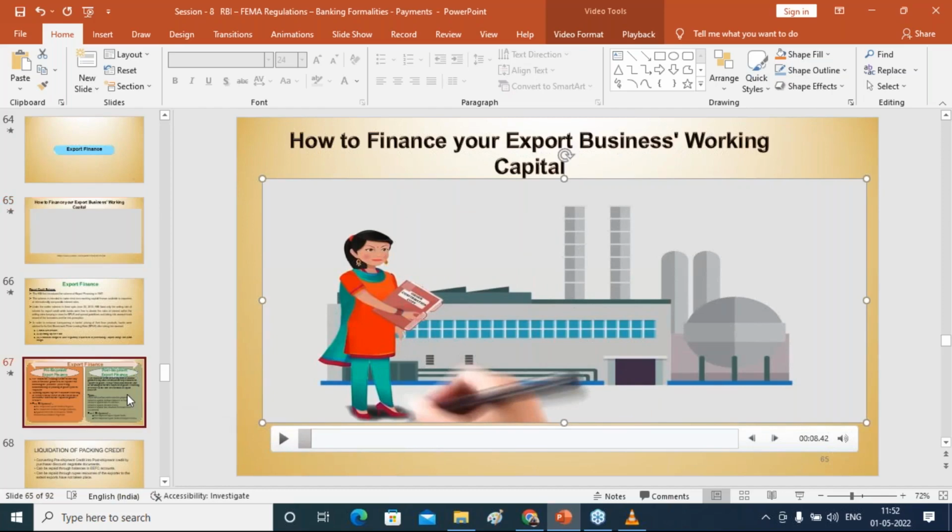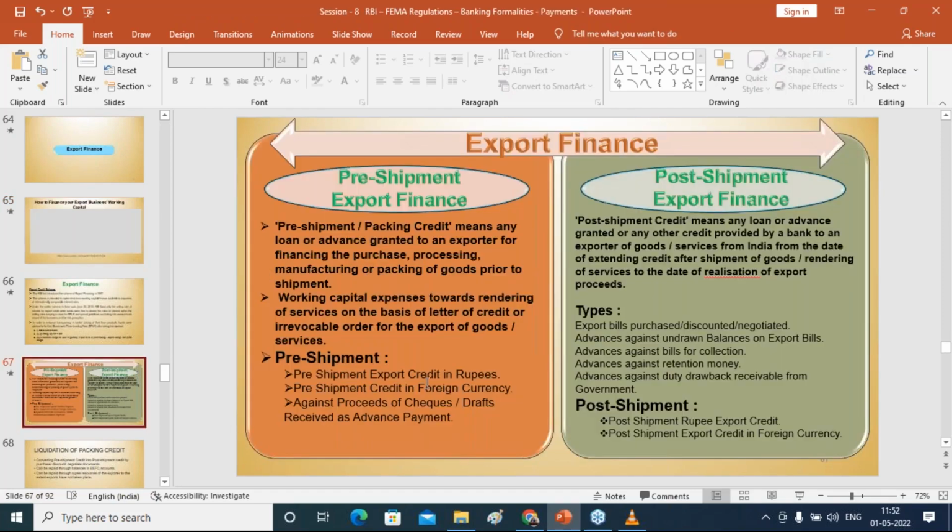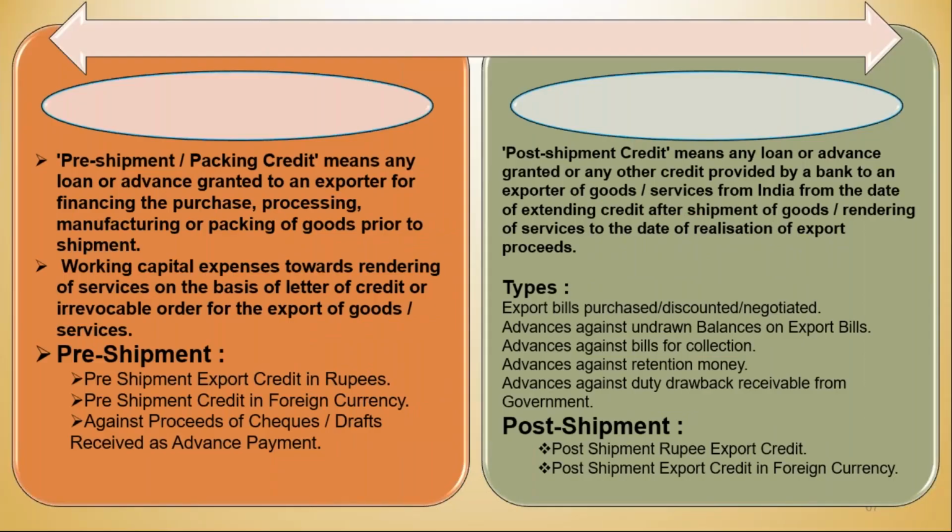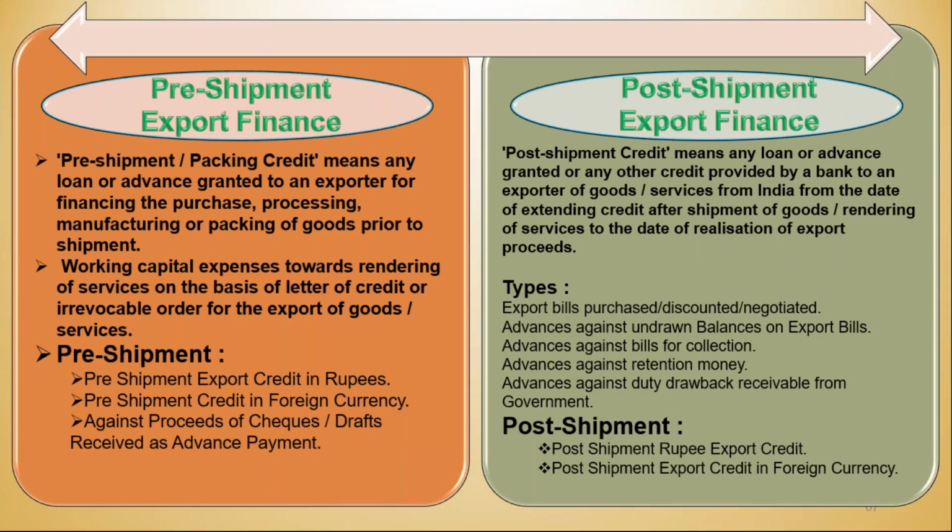Okay, good. So here, as I told you, there are two provisions: pre-shipment and post-shipment export finance. Pre-shipment finance is about, suppose you got the export order, generally a confirmed order backed by LC. Banks generally take orders backed by LC, so you got the order as well as the LC.